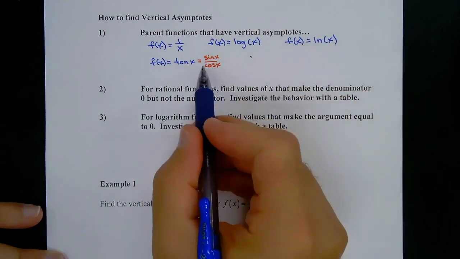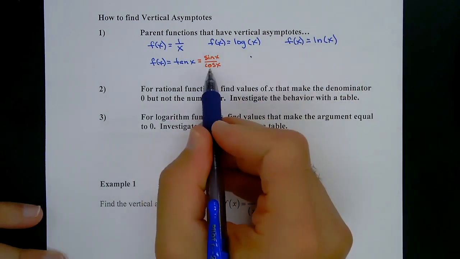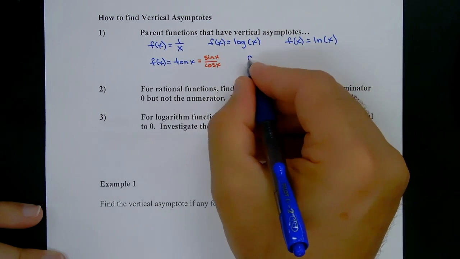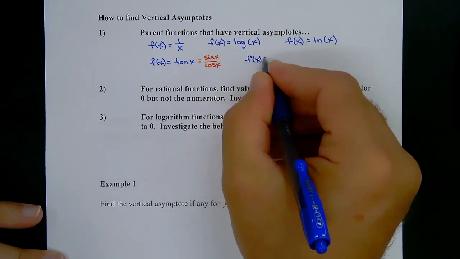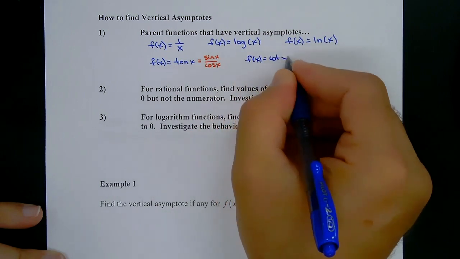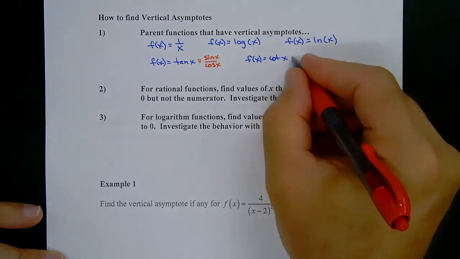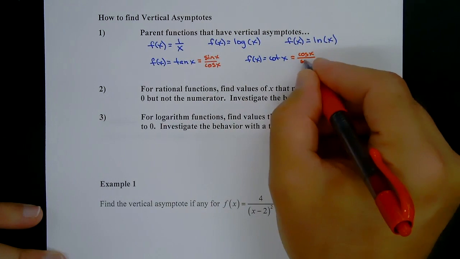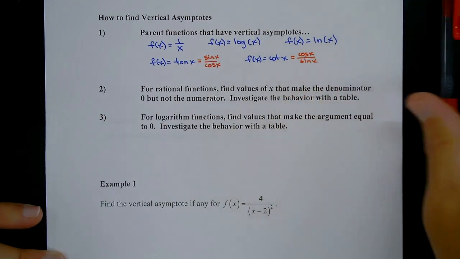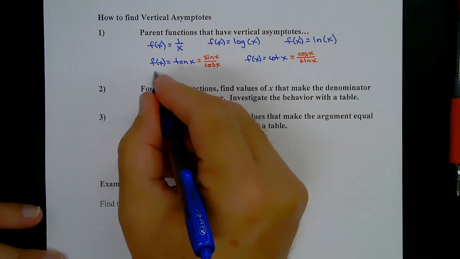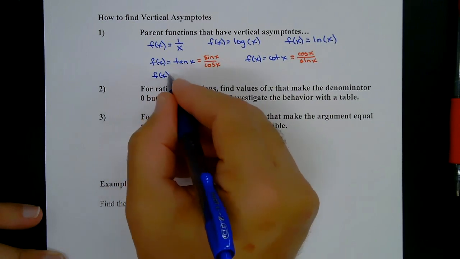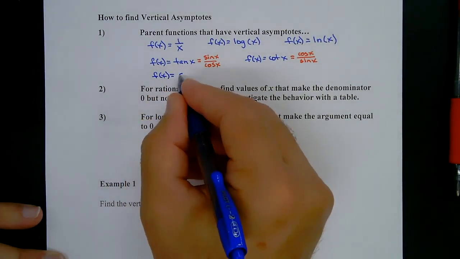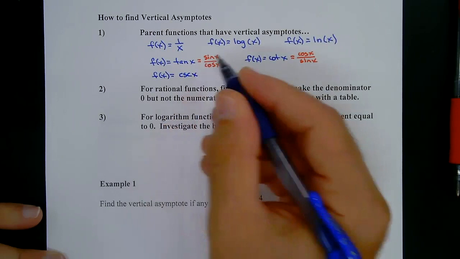And so this denominator could be 0. So f of x is equal to cotangent x. That one, because cotangent x could be written as cosine x over sine of x. Another trig function is f of x is equal to cosecant of x.